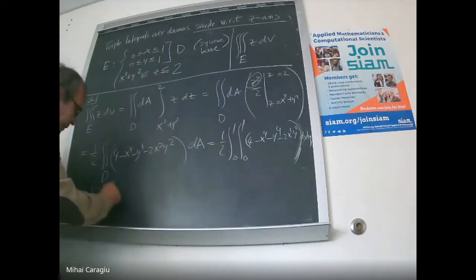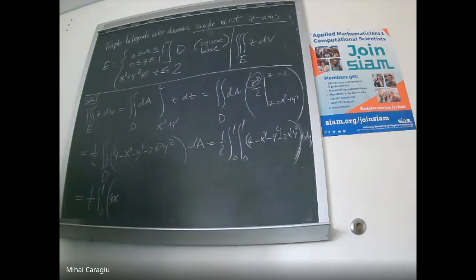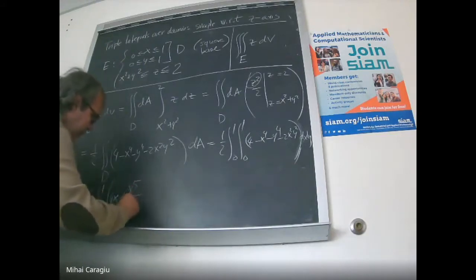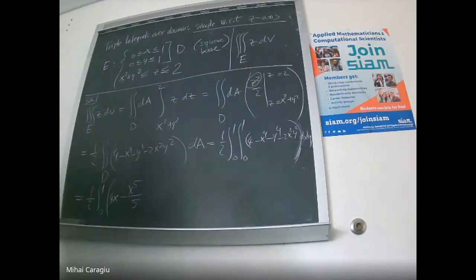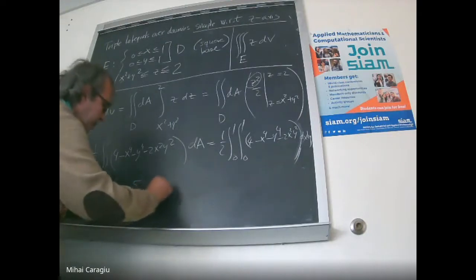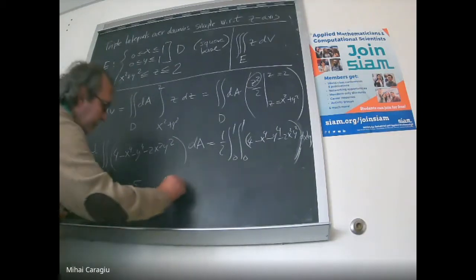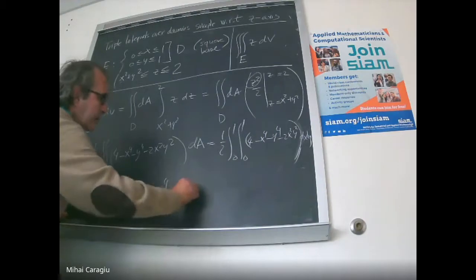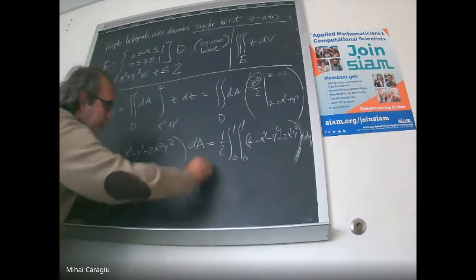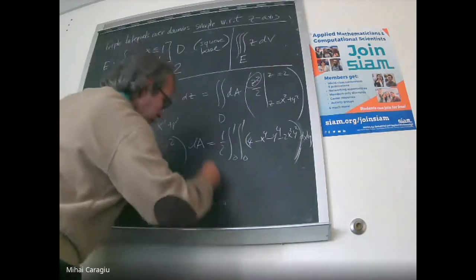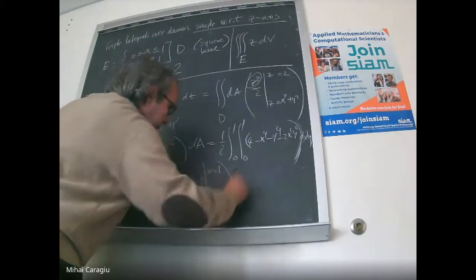For 4, 4x, minus x to the power 5 over 5, minus x y to the power 4, minus 2 over 3 x cubed y squared, between x equals 0 and x equals 1, and then dy.